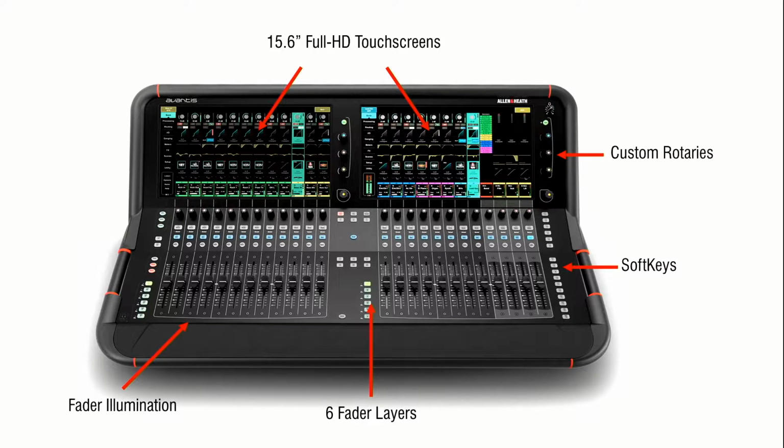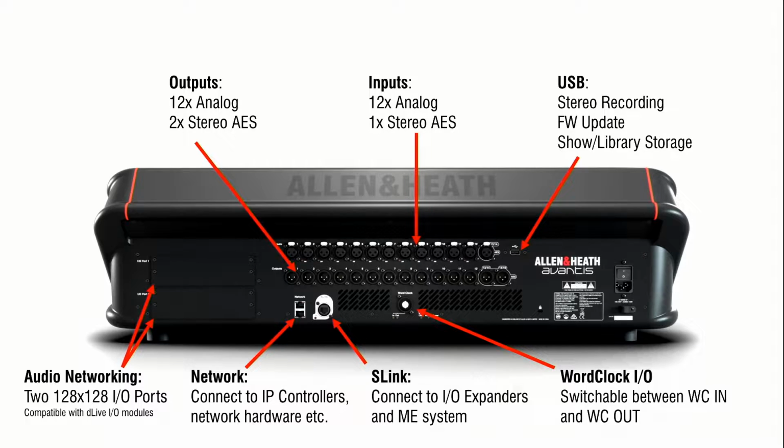Looking at the back of the console, you can see the 12 analog and 2 stereo AES outputs, the 12 inputs with 1 stereo AES input, the USB jack for stereo recording, firmware updates, and show and library storage, and the word clock I/O that you can switch between in and out so you can sync to or from the console.